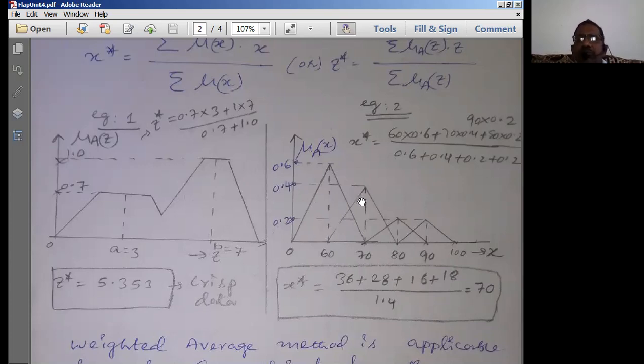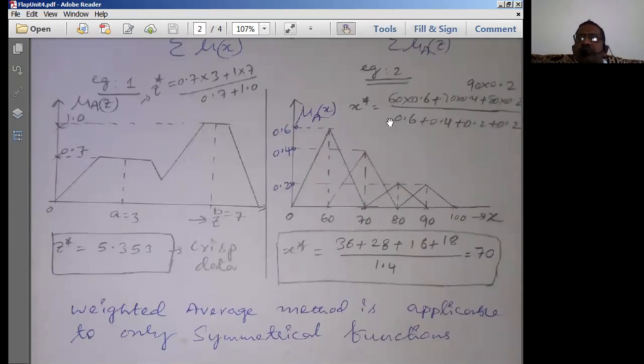What are the membership values for the individual elements? It is going to be 0.6, 0.4, 0.2 and again 0.2. So we have substituted all these things and you simply solve this ratio. Once you solve this ratio, we get the value as around 70. So 70 is going to be the crisp data, which is the result of the union of these four fuzzy sets in terms of the crisp or exact value.